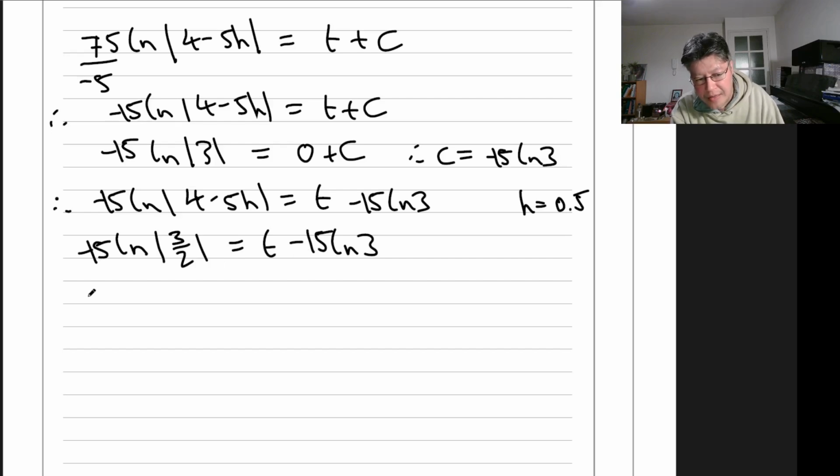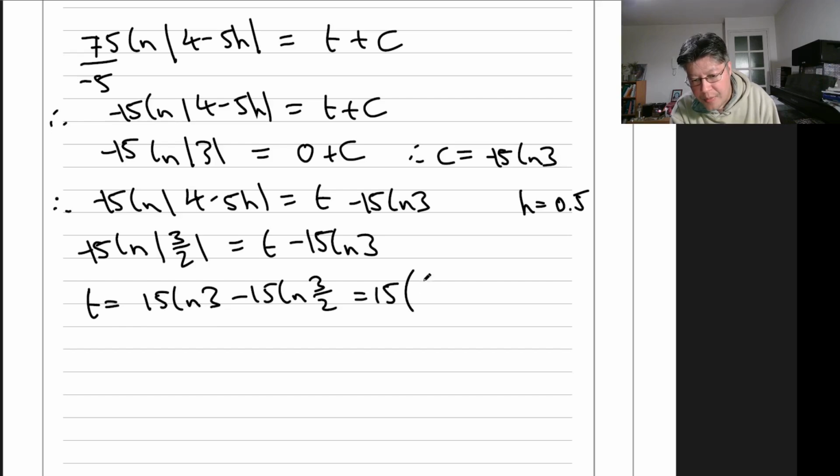So we get t equals 15 ln 3 minus 15 ln 3 over 2, and we can simplify this. We can factorize out the 15, and we get ln 3 minus ln 3 over 2, and we can now join up the logs.